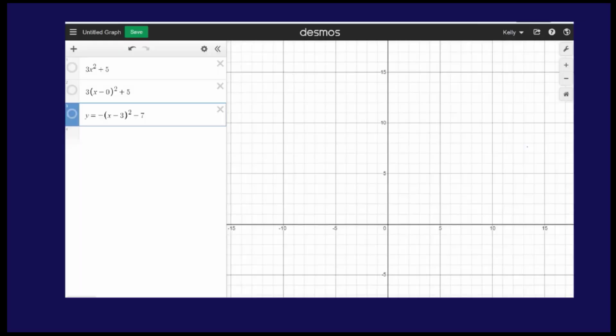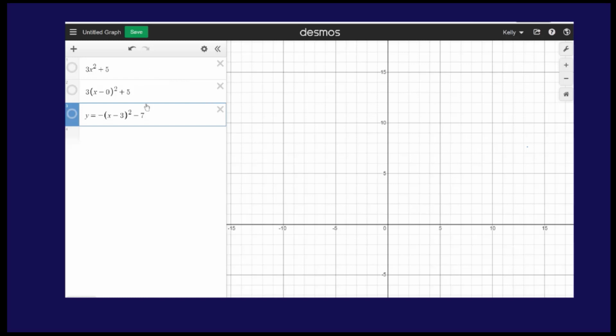Okay, so this one is asking us to find the locator point, which I think is really funny because we're just looking for the vertex, which we can pretty much answer from the equations, but they want us to graph these two equations. So let's go ahead and jump in.